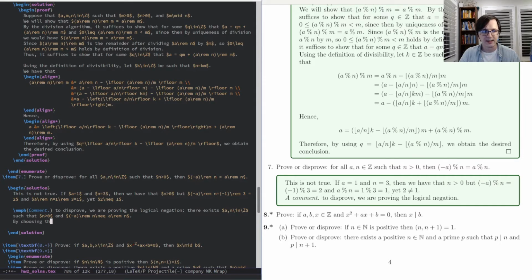So by choosing values for a and n, we can simply observe that it's true.